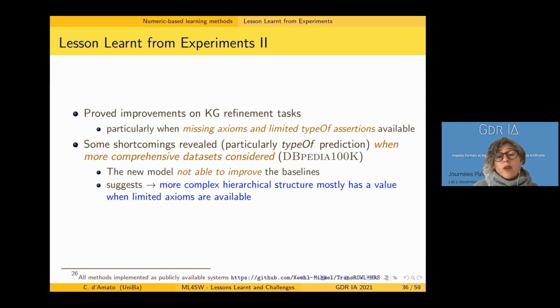We found out some shortcomings, and the shortcomings occurred for the cases in which we had more comprehensive datasets. That was specifically the case of DBpedia 100, showing that the exploitation of a more complex hierarchical structure did not have significant added value when enough information is available, whilst it plays a role only when limited axioms are available.